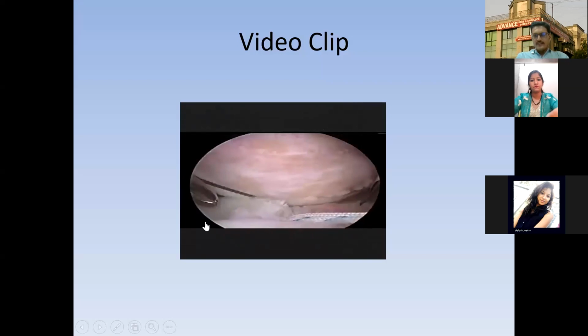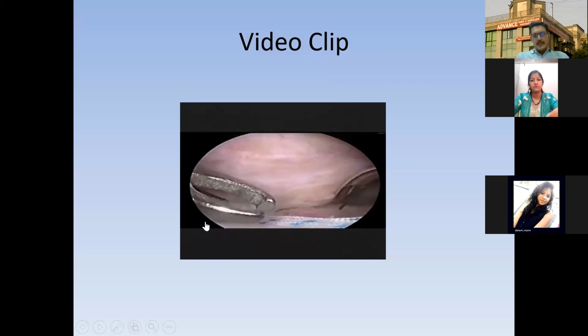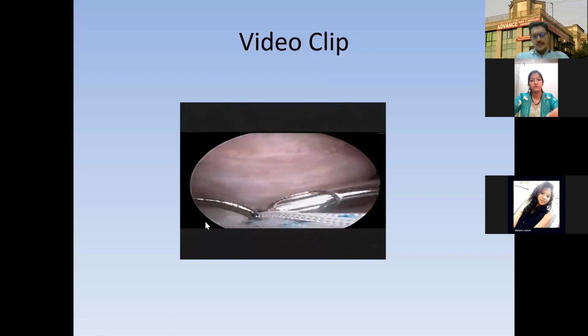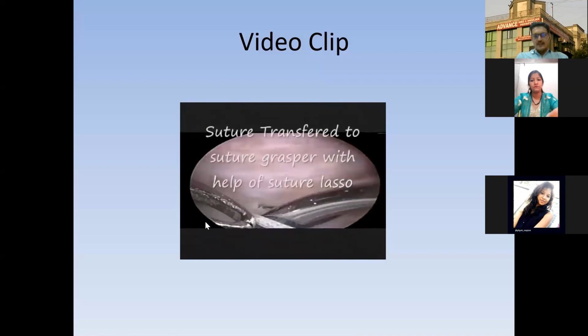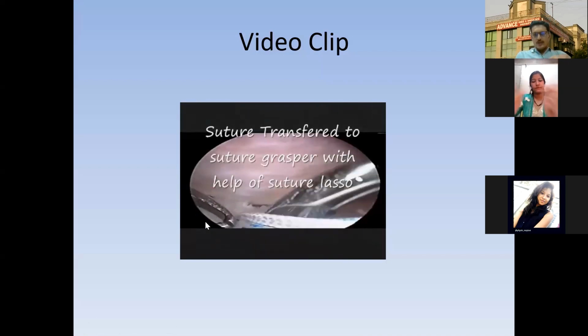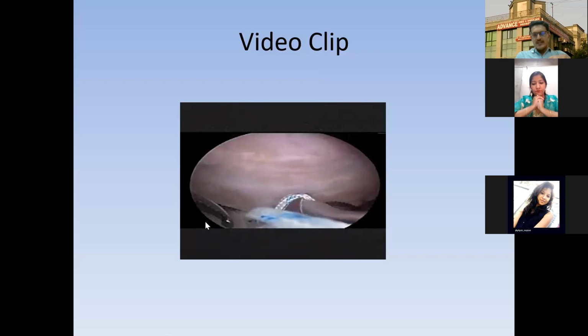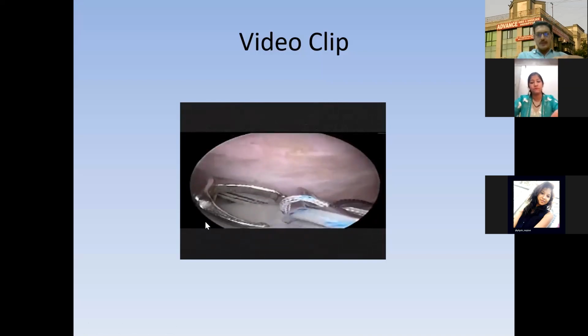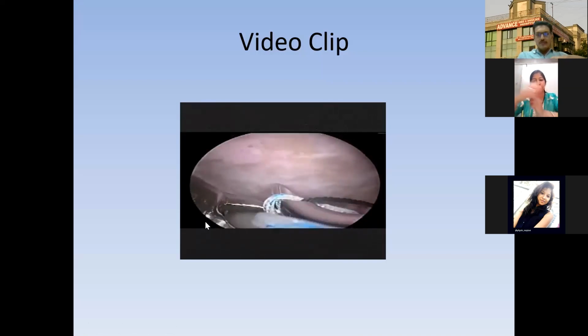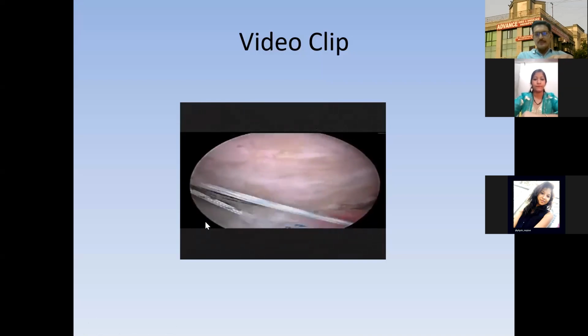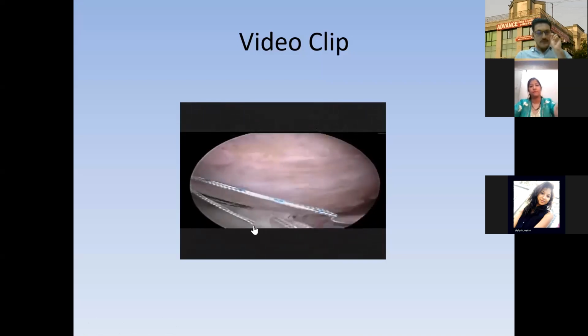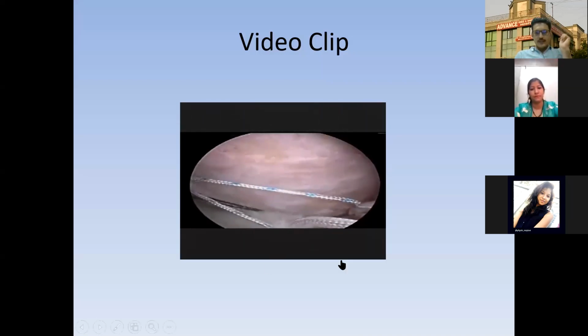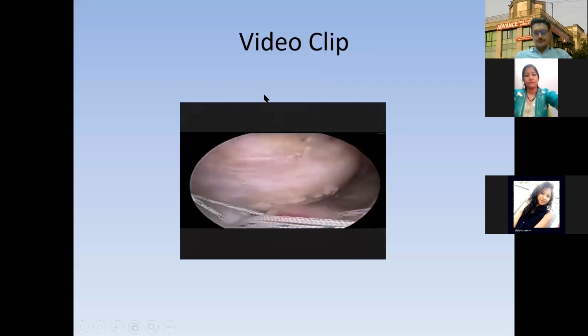So we will again, like the last one, pass special sutures. These are special instruments which we will pass. So this is more of a craftsmanship actually. And we will just take one suture at a time and load it, reload it, and then we can tie it back.